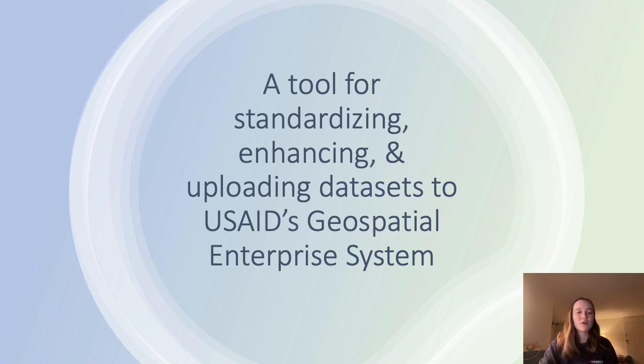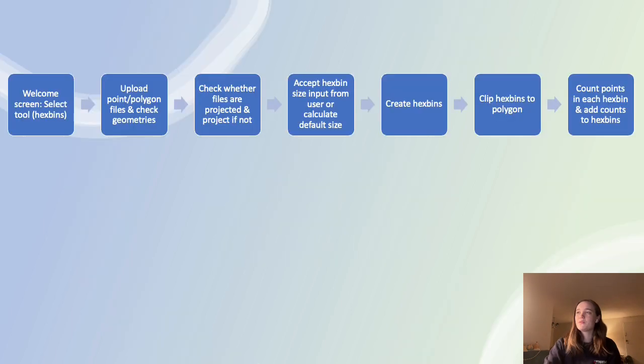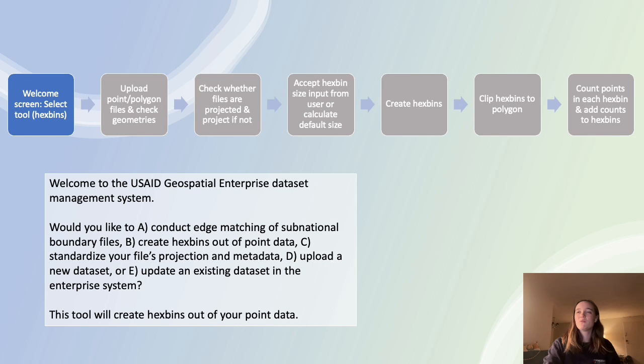So with that, I'm going to jump into a workflow, a sequence of steps that my code goes through in order to automate the process of creating hex bins. This is an overview. I'm going to jump into each step and show you what the user interface looks like as the user is interacting with the system.